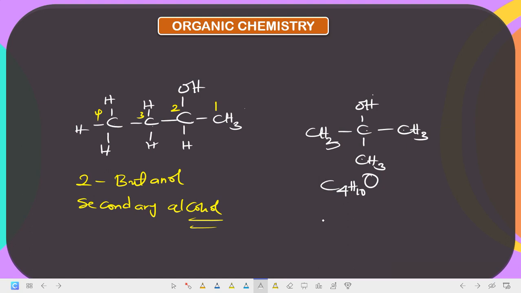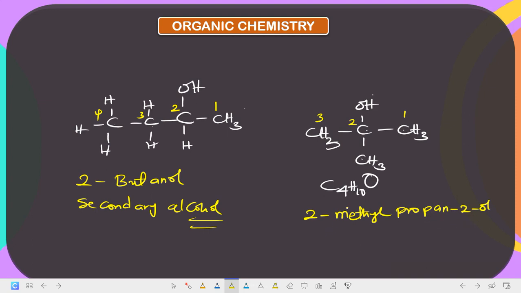Then what will be the name of this one? If you want to number, here will be 1, here will be 2, here will be 3. So this becomes 2, and then you call it methyl. So this becomes 2-methyl, and then 2-methyl propanol, or you can say 2-methyl propan-2-ol, to show that the OH group is at position number 2.